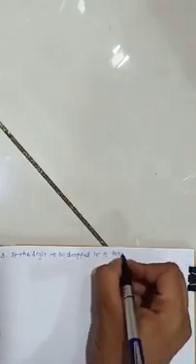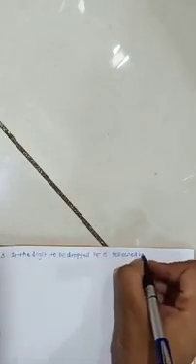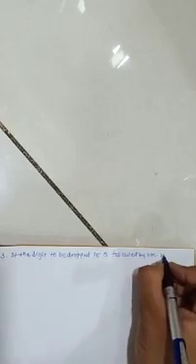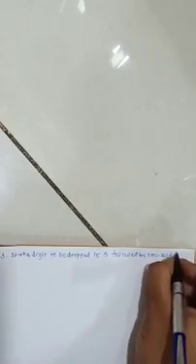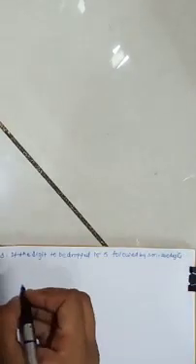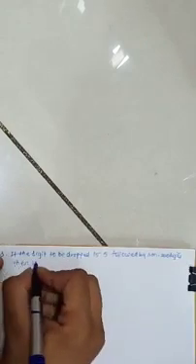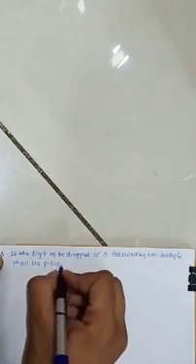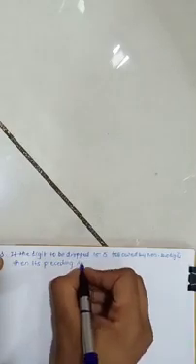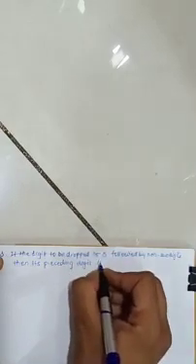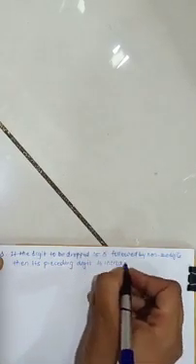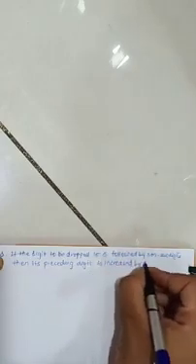Third rule, that is, if the digit to be dropped is 5 followed by non-zero digits, then its preceding digit is increased by 1.